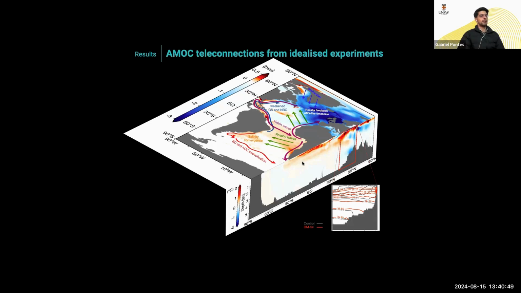When those isopycnals are displaced in the North Atlantic, some waves are triggered in the ocean, and we could identify a very fast teleconnection between the North and the South Atlantic. First, Kelvin waves are generated in the subpolar gyre, and they travel along the western boundary of the Atlantic and cross the equator.